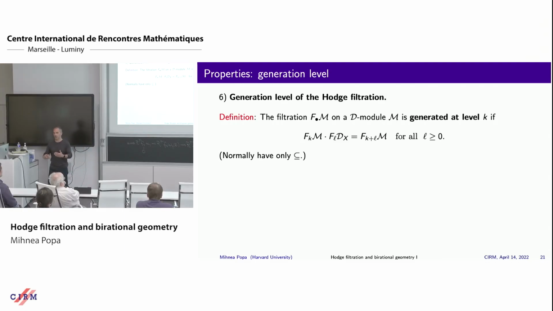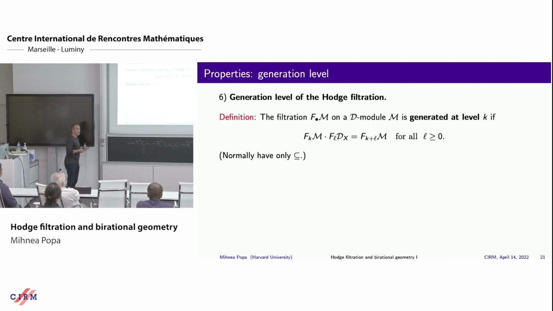But if you have a good filtration, eventually this becomes an equality, and then you just declare that it is generated at level k if this becomes equality for that k and every l. So kind of colloquially, you have F_k, and then you obtain all the higher ones by just applying differential operators. So they're determined by F_k.